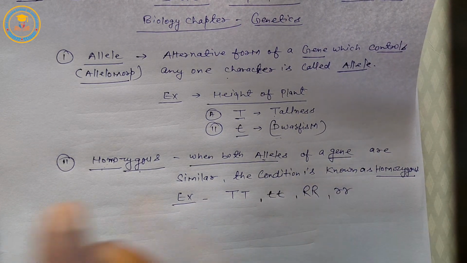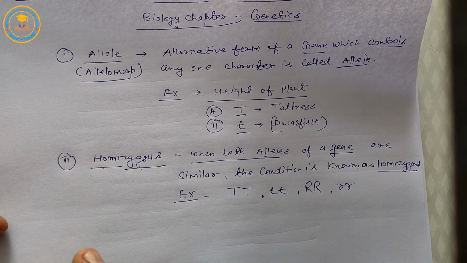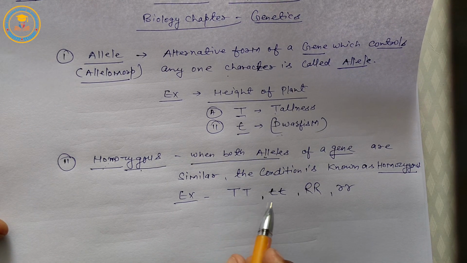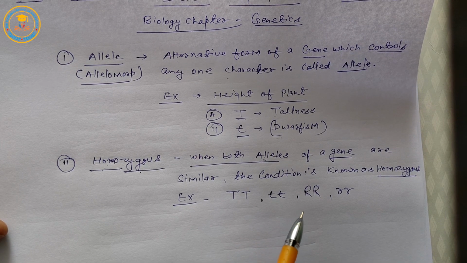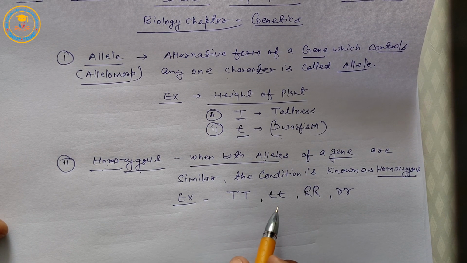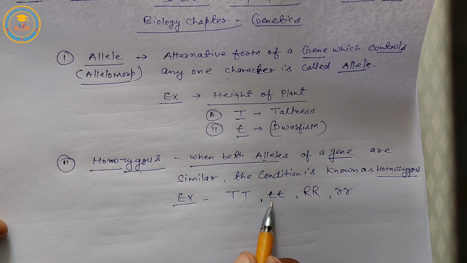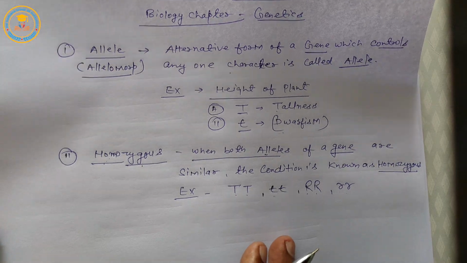Students, remember Mendel represented dominant characters with a capital letter and recessive traits with a small letter. So this is dominant homozygous, and this is recessive homozygous.